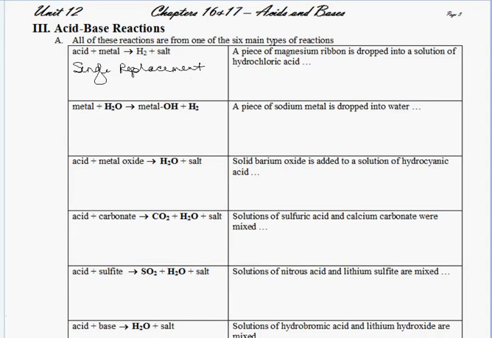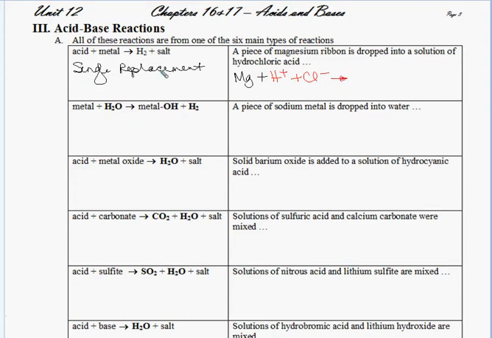The very first thing that you want to do, we're going to be skipping some steps now. As we read through the piece of magnesium ribbon, the magnesium ribbon is just a solid, so we'll leave that as Mg. And then our hydrochloric acid, we should now know that it is a strong acid. And because it's a strong acid, I'm immediately going to start writing it as ions.